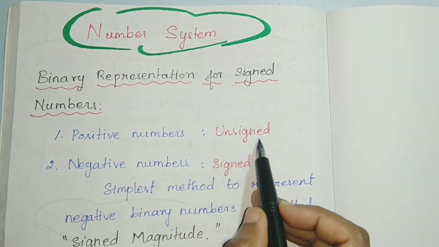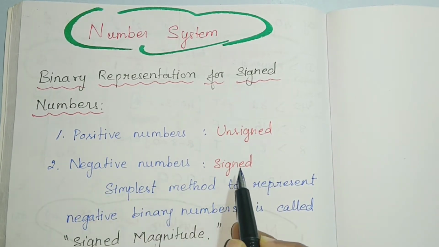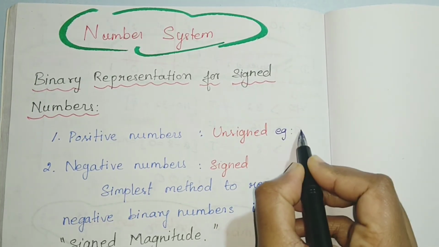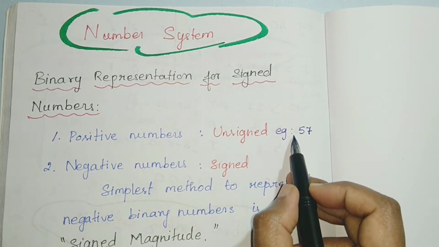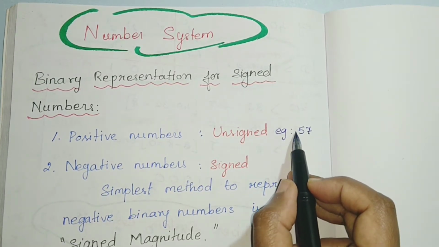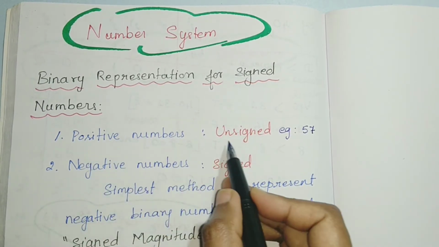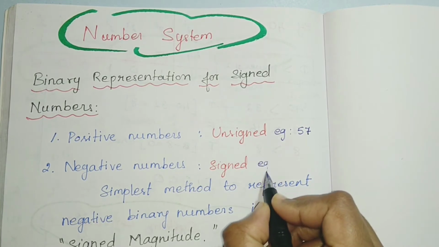They are unsigned numbers, and negative numbers are signed numbers. For example, let us say a decimal number 57. If I write 57, it is understood that this number is a positive number. We have no sign in front of this, but still it is a positive number.